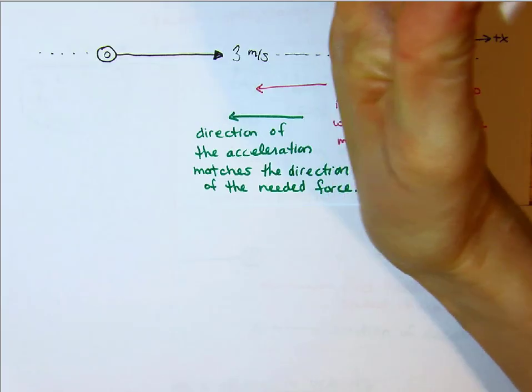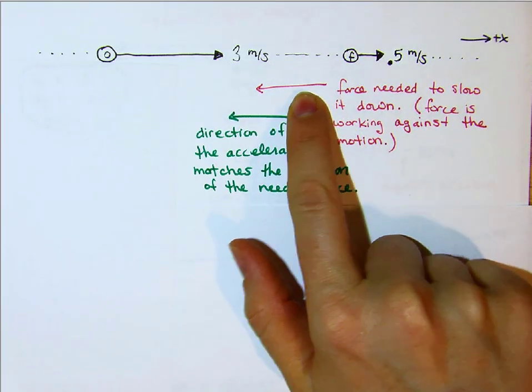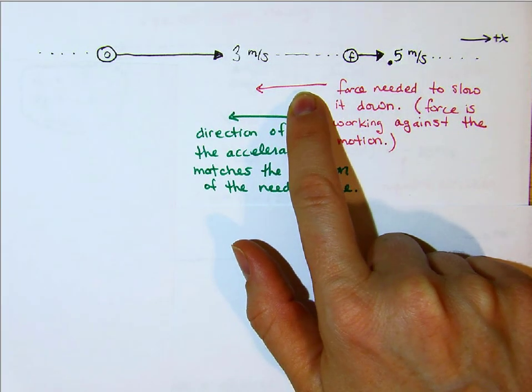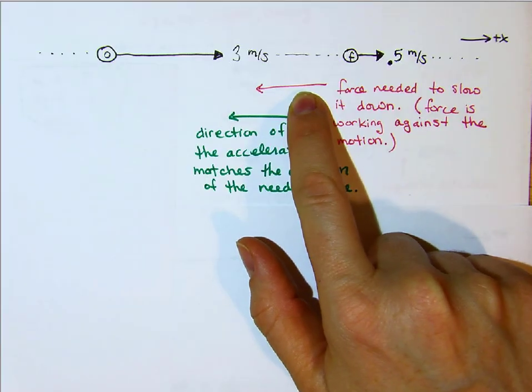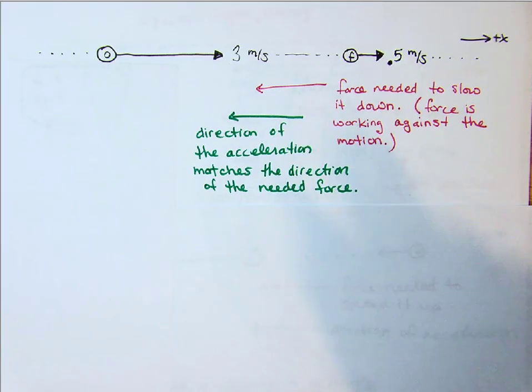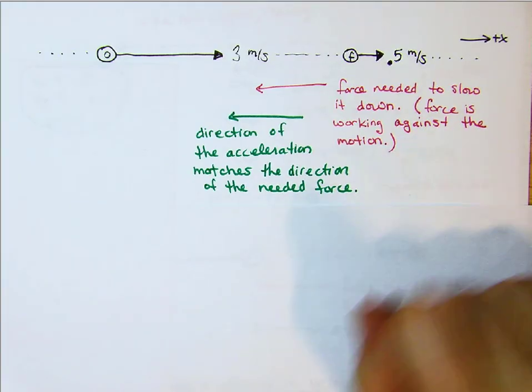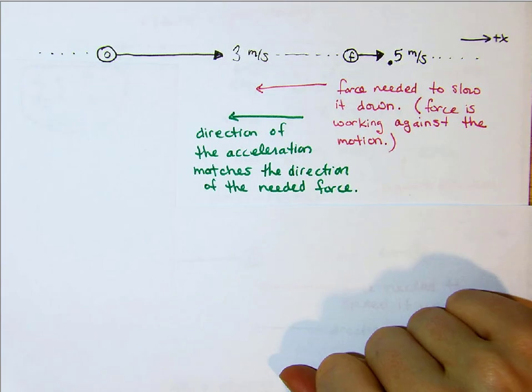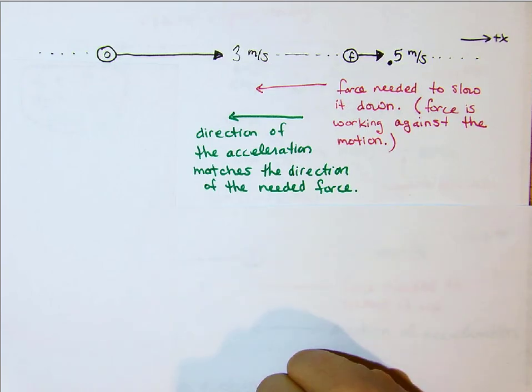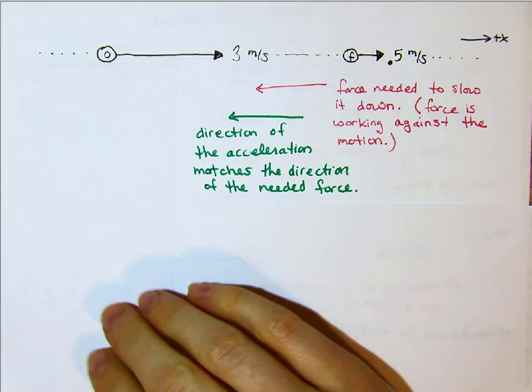You have to imagine like the hand pushing backwards on the cart. So the force needed to slow it down is actually in the backwards direction, or we could say in this case the negative direction. To slow it down here, you need the force to be working against the direction of motion. If the force is to the left, then the direction of the acceleration must be to the left.